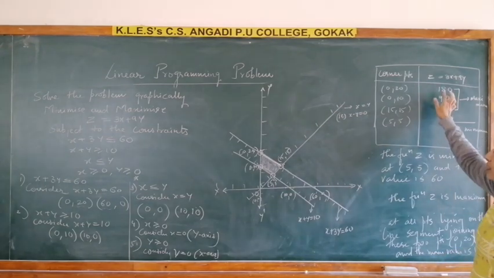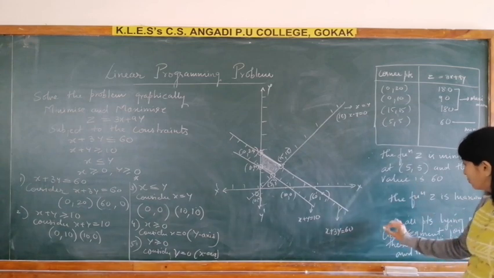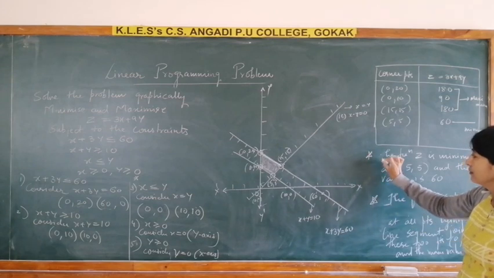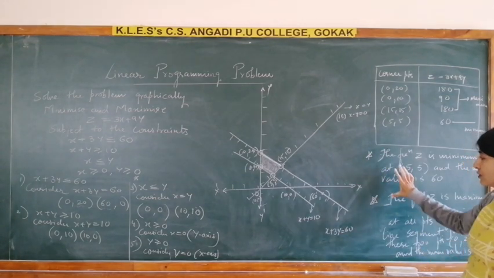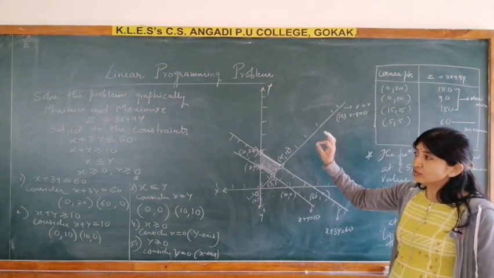So 180 is the maximum value. So for this you have to write the answer clearly. This is the point, this is the second point. So for this 2 marks, for this 2 marks, for this 2 marks.